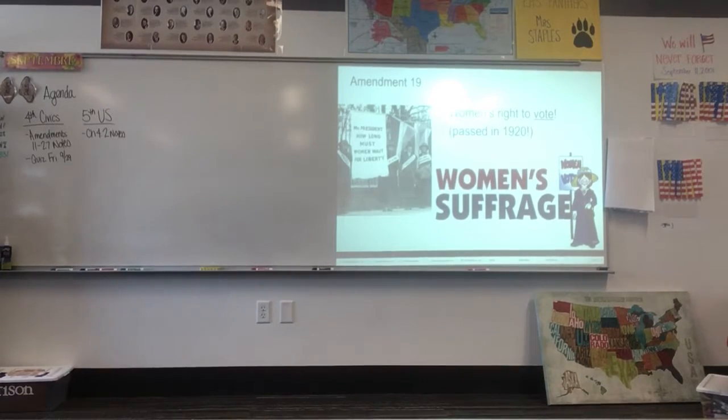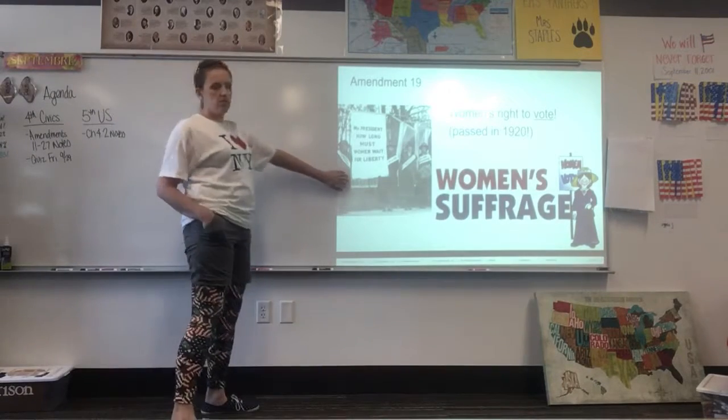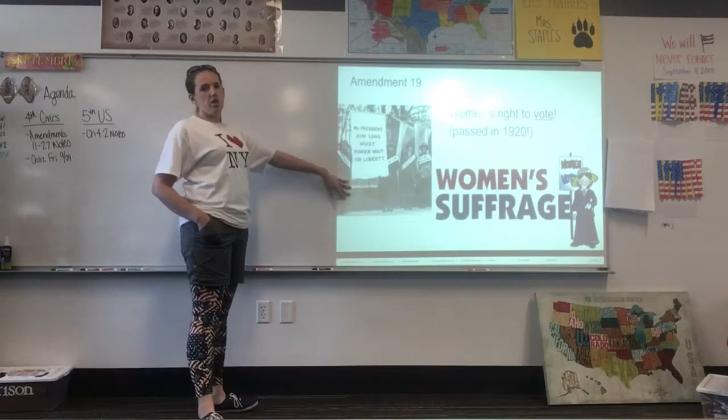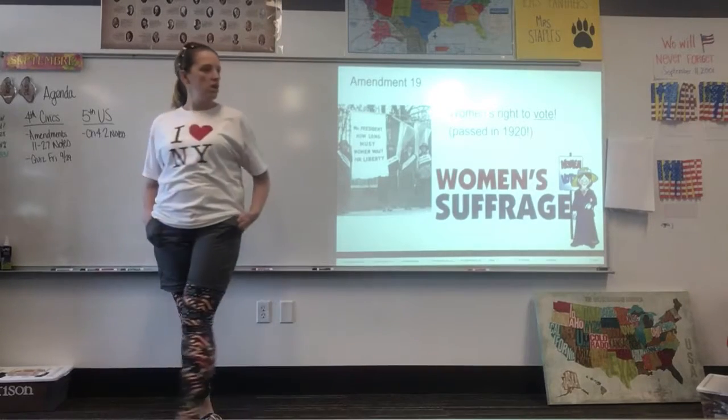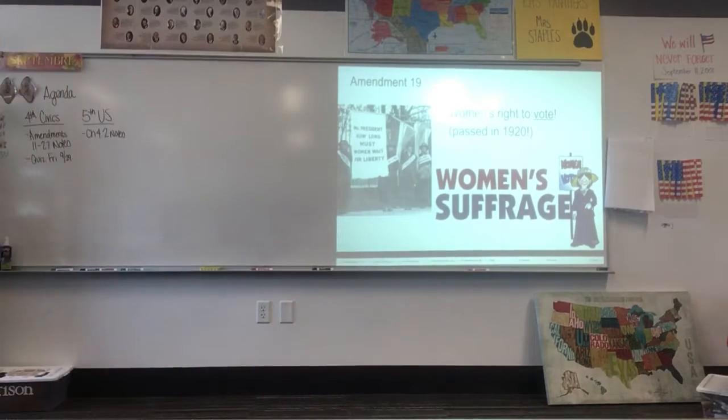When we watched Iron Jawed Maidens, I forget what her name is. But this is the real them. Those who've had U.S. history, the Iron Jawed Maidens, this is the real ladies. Suffrage is a fancy way of saying vote. So women got the right to vote on Amendment 19 in 1920.